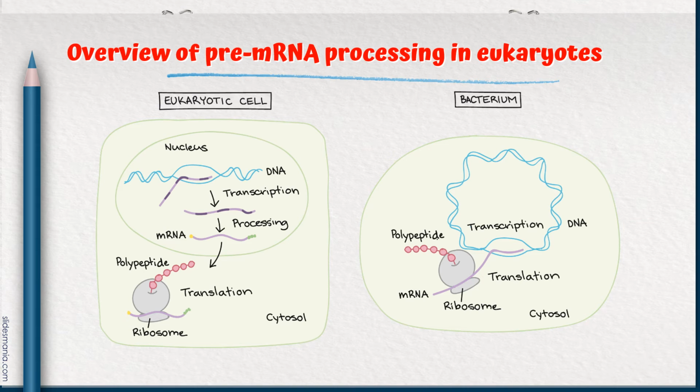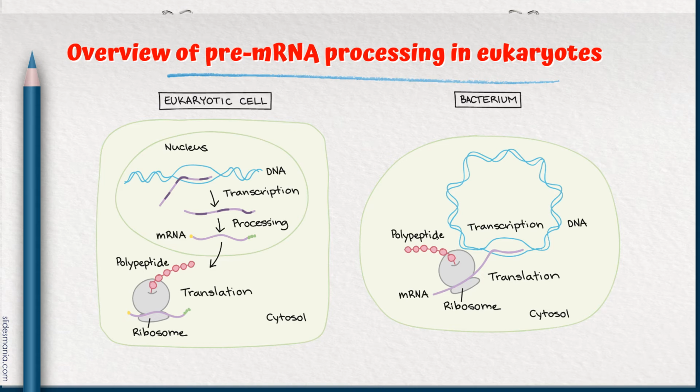These steps are: first is the addition of a 5' cap to the beginning of the RNA. Second is the addition of a poly-A tail of A nucleotides to the end of the RNA.